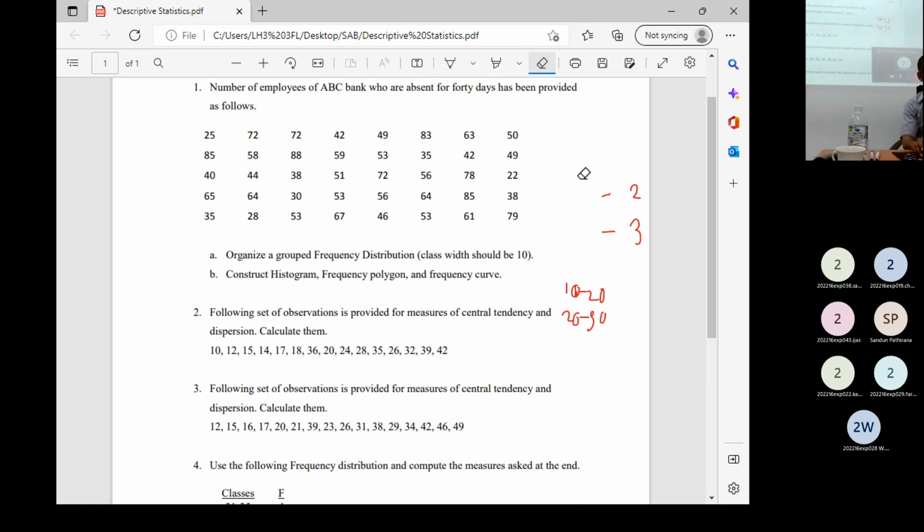When we have more data, but majority are not repeated, group frequency distribution can be arranged.